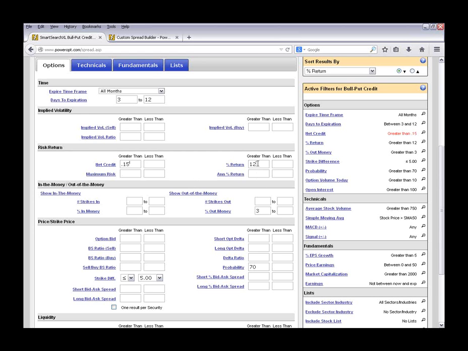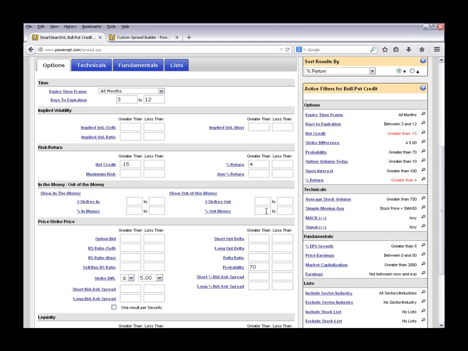If we're looking for a minimum 12% return for a 30-day trade, I probably have to lower my expectations to maybe at least 4 or 5% for a 5 or 7-day trade. And in addition to that, the options that are at least 3 or 4% out of the money definitely aren't going to be offering us a 50-cent net credit for only a 7-day, 8-day time period, or in this case 10 or 11. So I'm going to have to lower my expectations for out of the money.